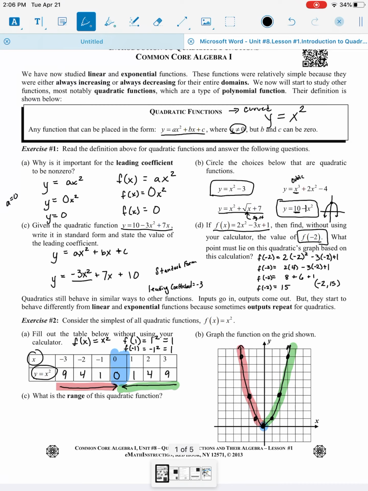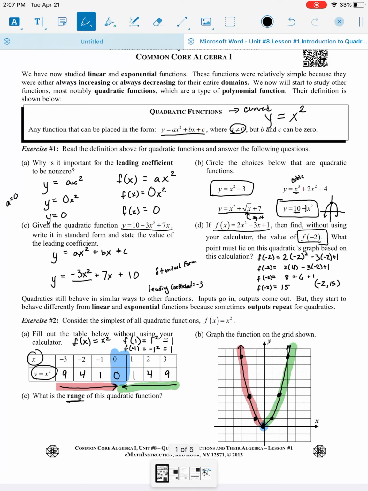Now the last thing that we're going to work on in this lesson is talking about a range. Now, I spoke about this in my introduction video. Range is where your minimum or maximum point on a quadratic function is, and all other values either above it or below it, depending on where the graph lies.